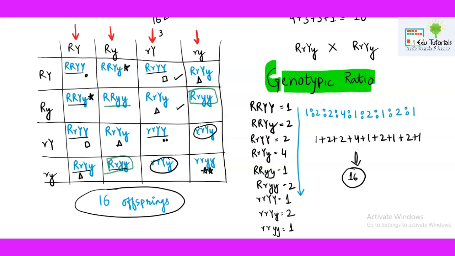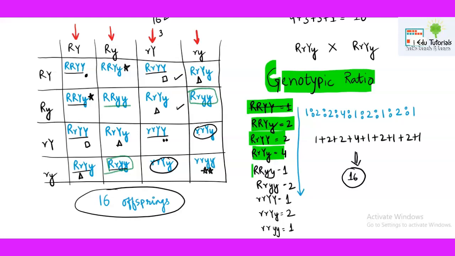Now here, before I sum up, I just want to talk about probability as we have talked about in the monohybrid cross. Here also we will talk about the probability, and this will be very easy for you. We have already counted the numbers, like this one is 1, this one is 2, 2.